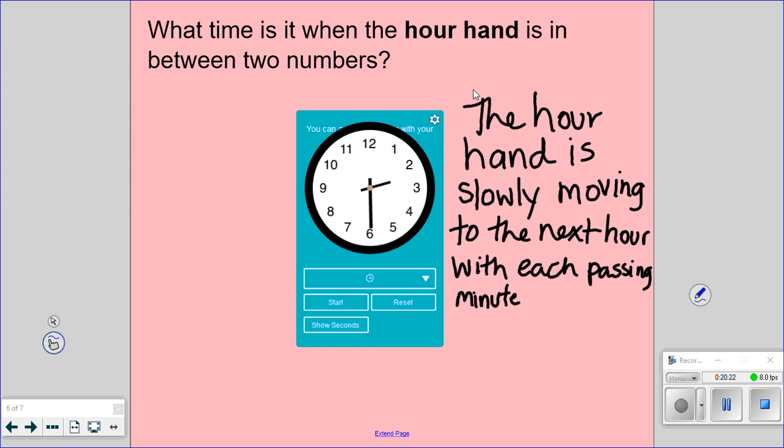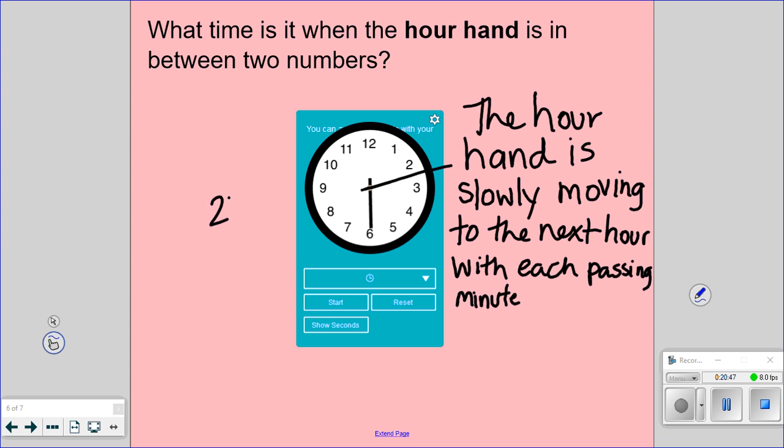So this will be the same time we talked about. That hour hand is right in between 2 and 3. That means it's not 3 o'clock yet. It's getting close to 3 o'clock. Can someone read the time on this clock? Lincoln? 2:30.